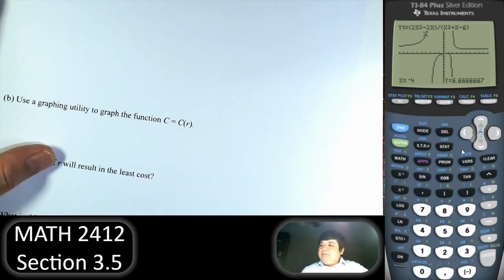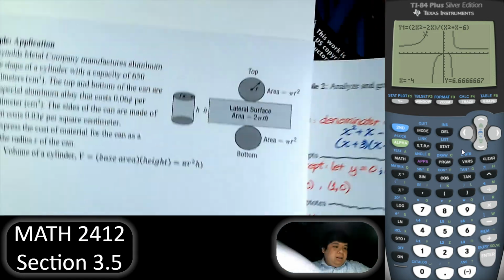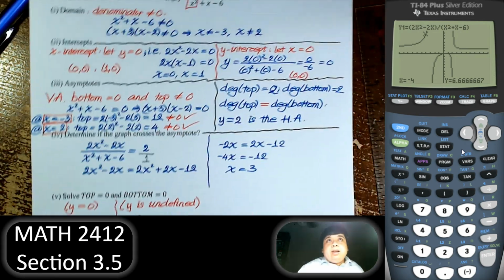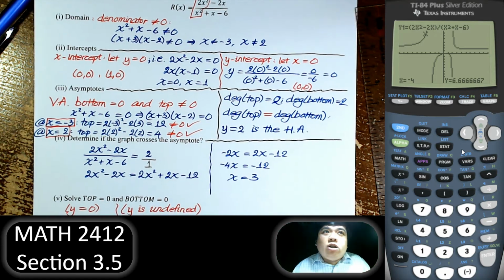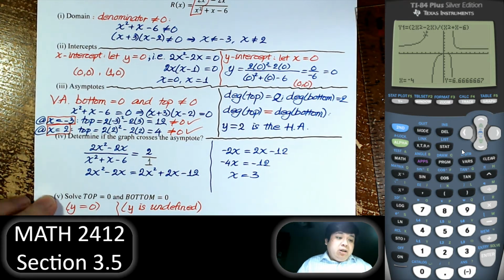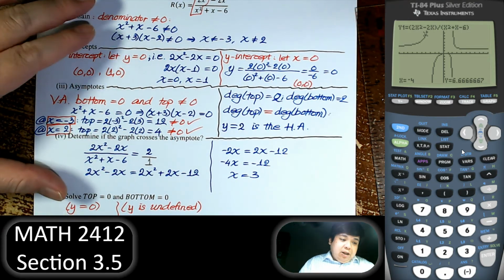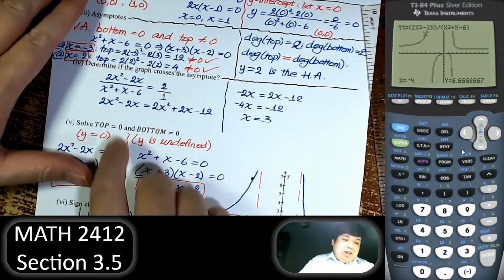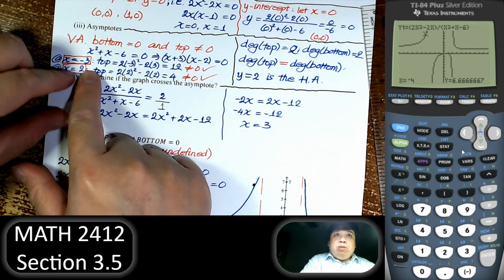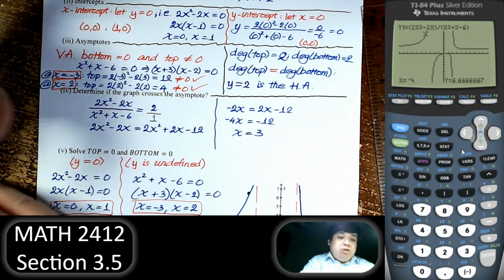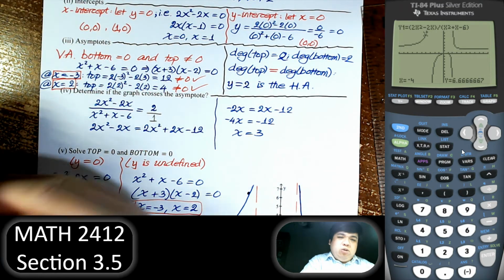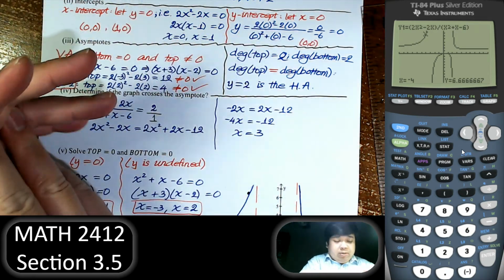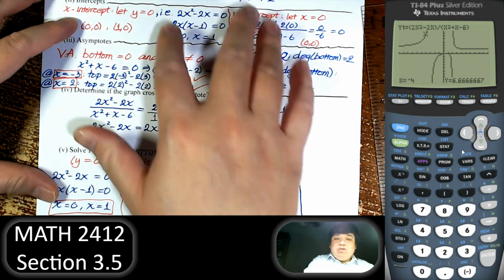Right. Yeah. Let's look at the whole problem then. So like I said, some of this might be redundant, like the denominator at the bottom not equal to 0, the vertical asymptote where the bottom equals 0, and the top equal to 0 or top not equal to 0. Of course we do a lot of those, but that's for different things.